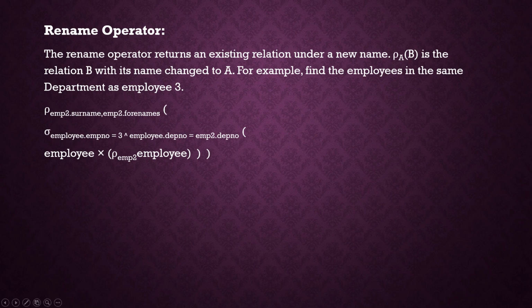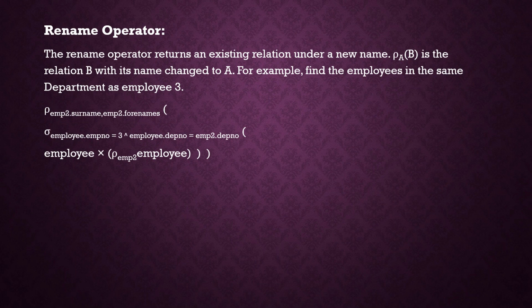So you have to display the employees in the same department as employee 3, and employee department number equal to emp2 dot department number. Again open parenthesis, employee join rho EMP2 employee, and close the parentheses.